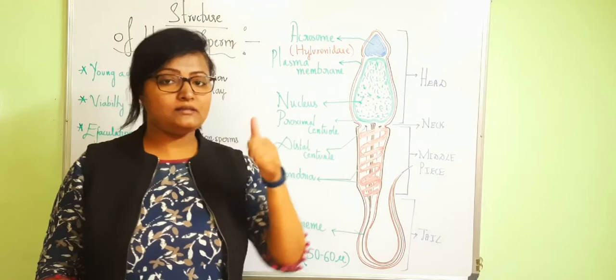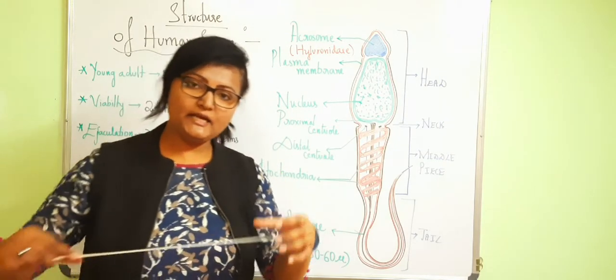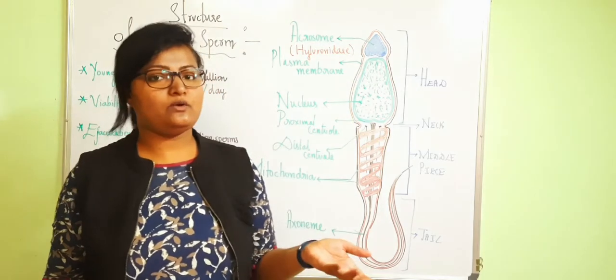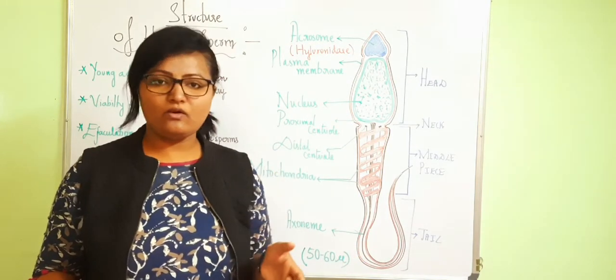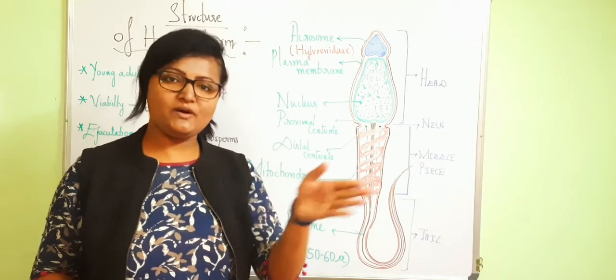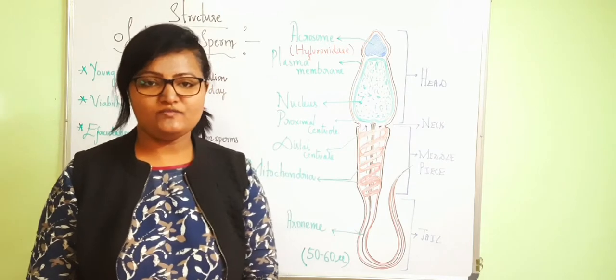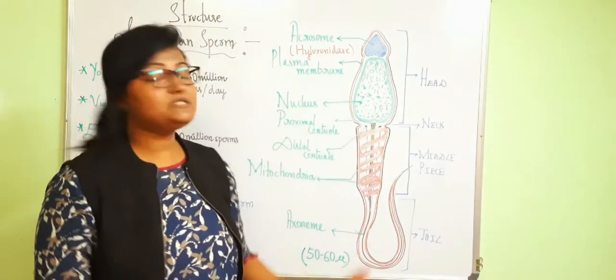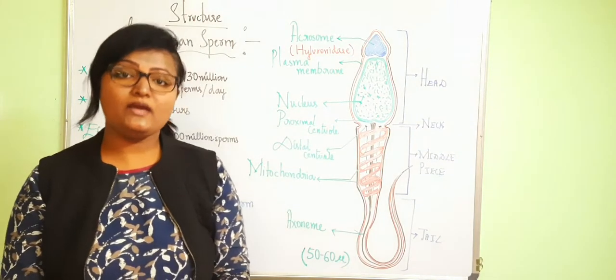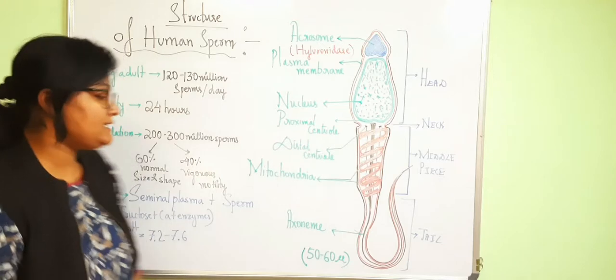The acrosome is the important part which helps the sperm penetrate into the egg. If there is no acrosome, no enzymes are ready to digest the wall of the ovum. The sperm cannot enter the ovum. So these are the drawbacks, the abnormalities. So size and shape is very important during fertilization.